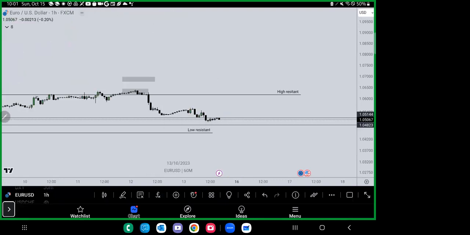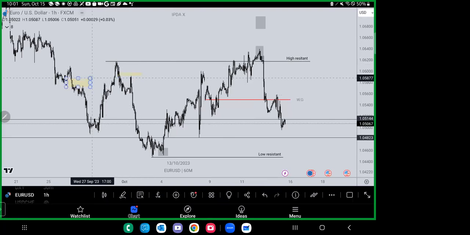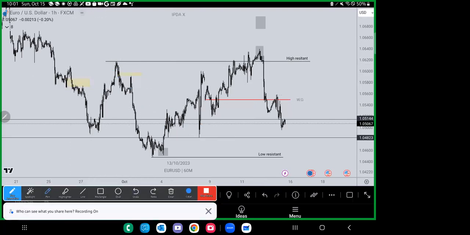Now we've had this area here, and any trading back above would be considered a high resistant liquidity run. So right here, this is a high resistance signature. We've taken out a high resistance signature. Now price is seeking low resistant liquidity pools.